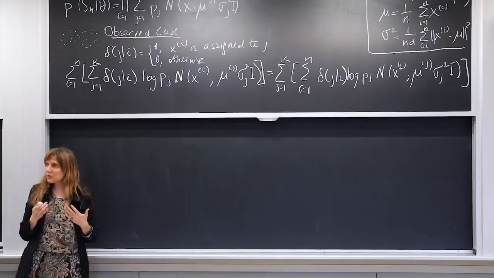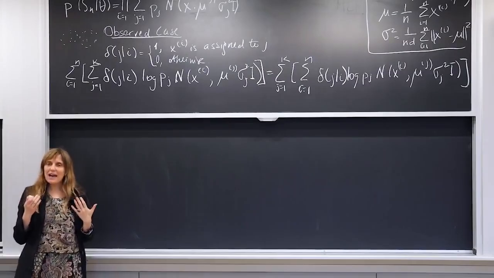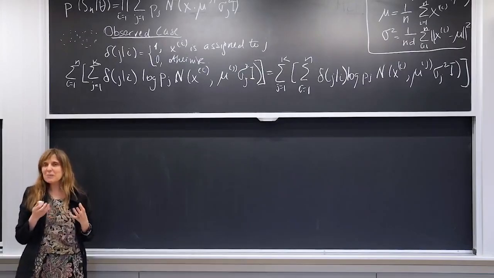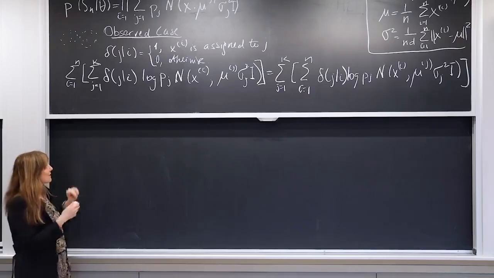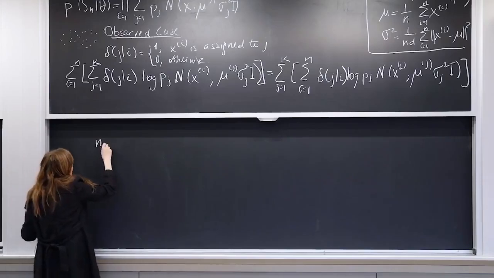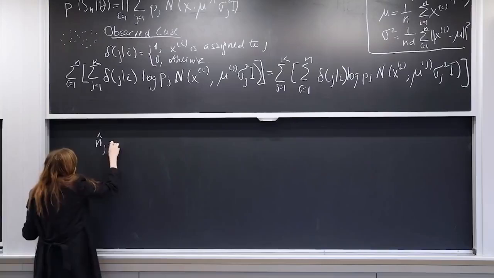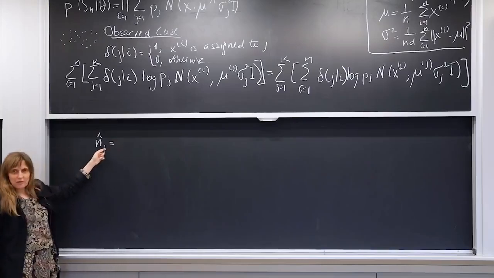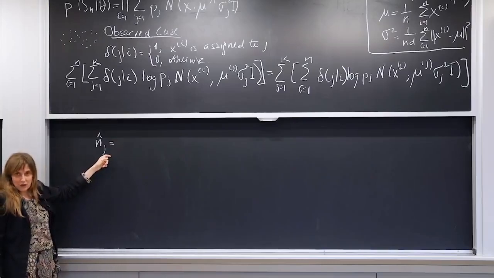The first thing that I want to do is to compute how many members belong to each cluster using this delta notation. So we're going to say n j is the estimated number of points that belong to cluster j.